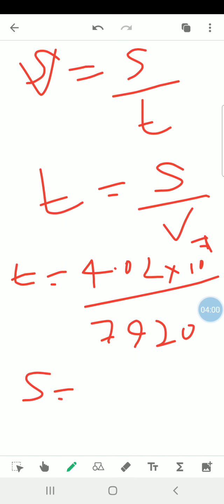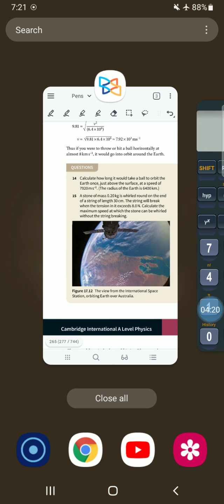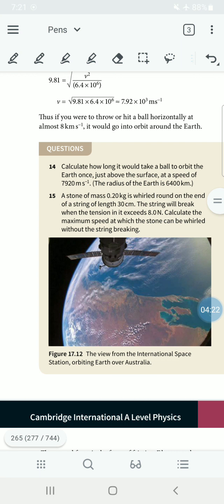So the answer is 5.08 into 10 to the power 3. What are the units? Seconds. Alright, so that is question number 14.